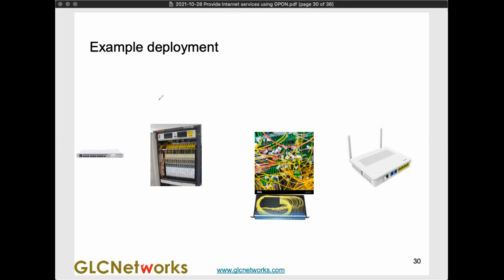Here's the question. We have an OLT over here and an ONU over here. This is brand A and this is brand B. Is it possible? Yes, but often, for example in Indonesia, if the OLT is brand A, the ONU has to be from brand A, and it has to be registered at the OLT.